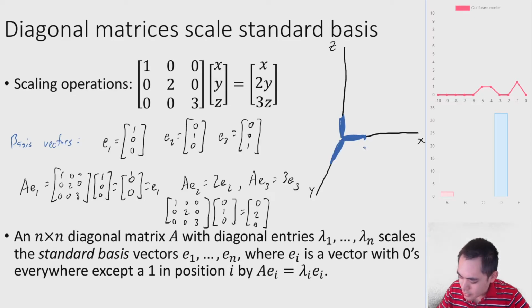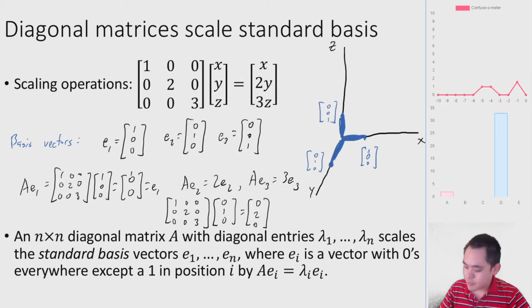This one here is 1, 0, 0. This one here is 0, 1, 0. And this one here is 0, 0, 1. So we have these 3 different vectors in 3-space, and these are the basis vectors since they measure the different directions that you're going along.